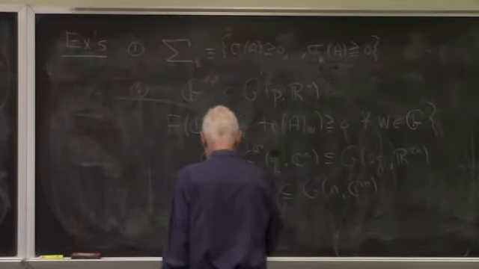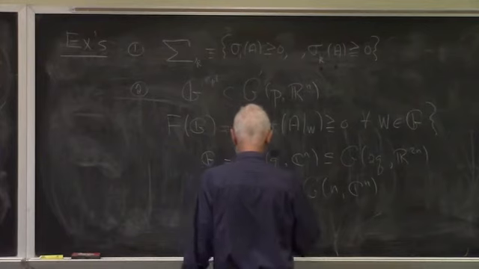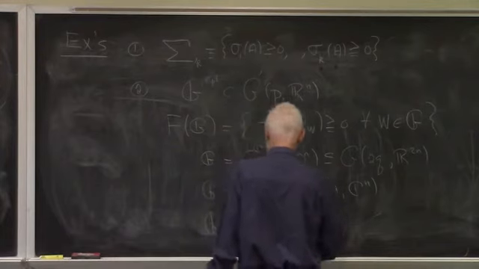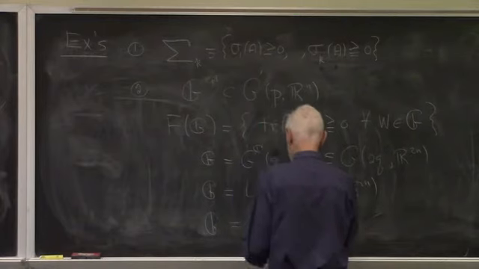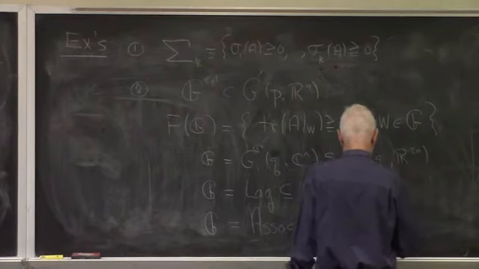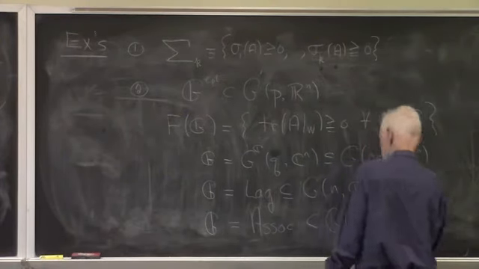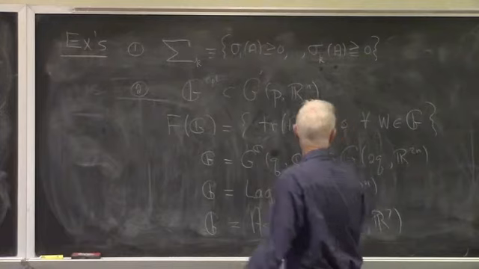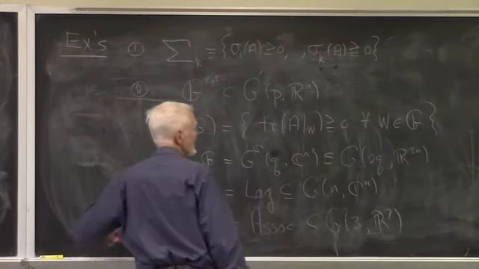Or, if you're familiar, you can also look at calibrated planes. So, for example, if you know a little bit about calibrations, you could look at the associative planes, 3-planes in R^7. These are the guys that are the imaginary products of quaternion subalgebras, and they give you this beautiful family.